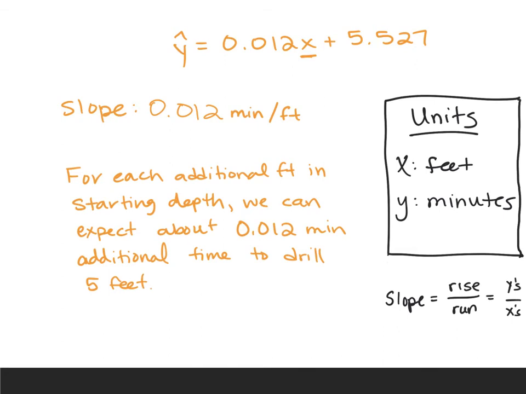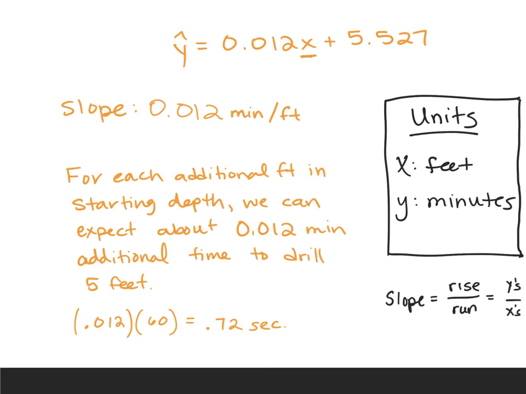Now, this doesn't have anything to do with the actual question, but writing out 0.012 of a minute is not very helpful for me to know how long that is. And so if you're ever curious, or if the question actually does ask it, then we can change minutes to seconds by taking that part of a minute times the number of seconds in a minute, which is going to give us 0.72.